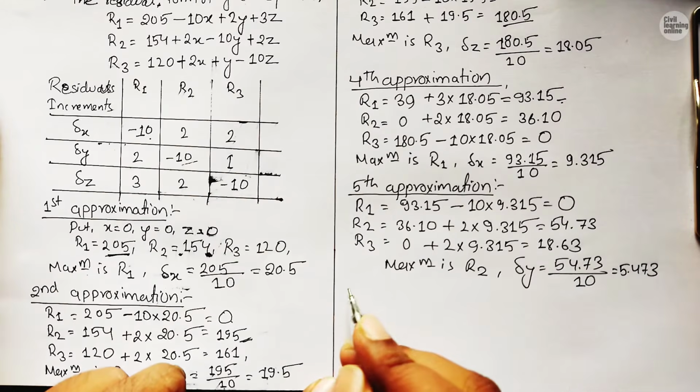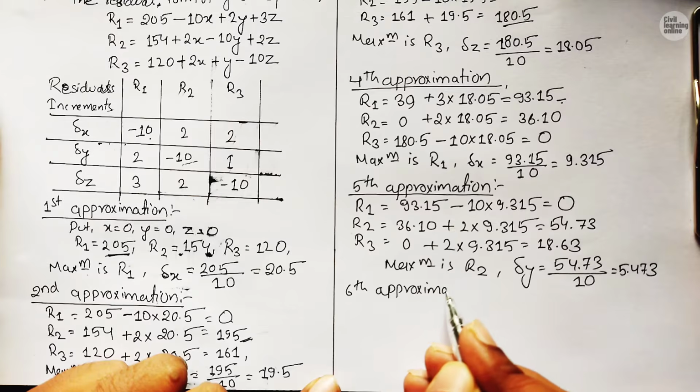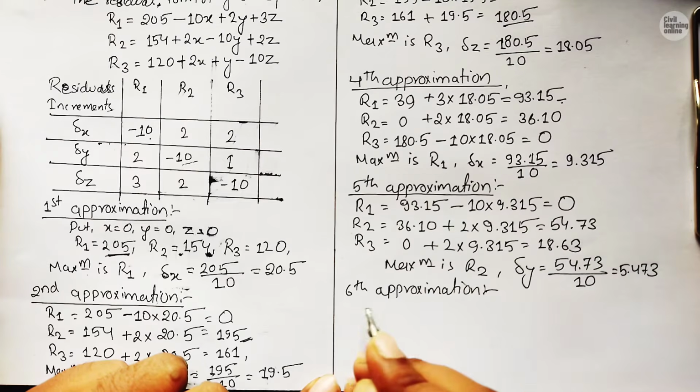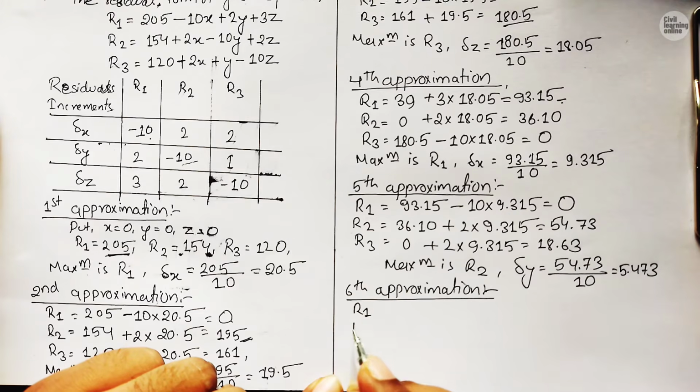So for sixth approximation we have R1, R2, R3.